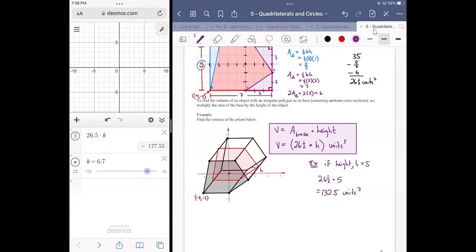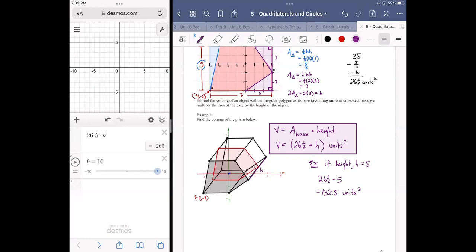If I wanted to make the room taller, like extend the roof on the house, how much more volume would I capture? So if I had a height of 5, it would give me 132.5. But what if I wanted to double the height? Then I would be at 265. So now I have the means by which I can come up with the volume no matter what the height is. Right. So it's a more generalized approach to things.